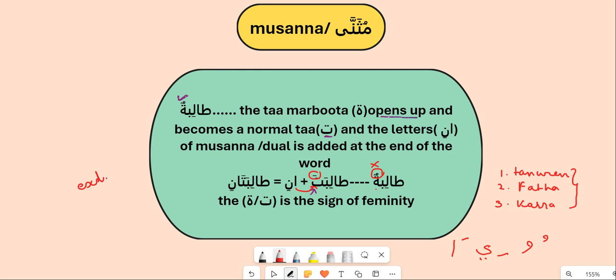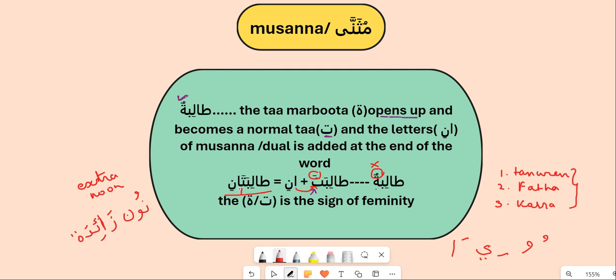Zaida is spelled zay, alif, hamza, dal and ta marbuta. So sometimes it gets deleted, and the noon stays with the kasra. The kasra of the noon doesn't change. So that's how you get your structure talibatani.